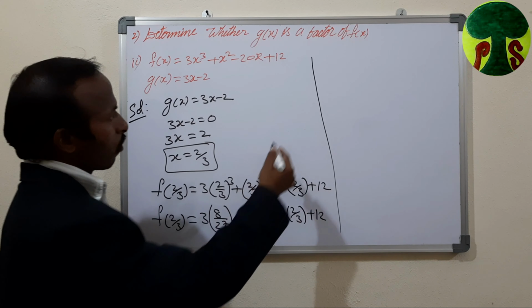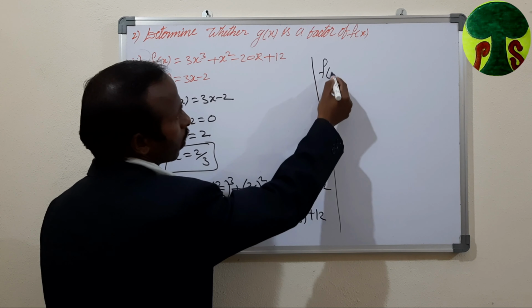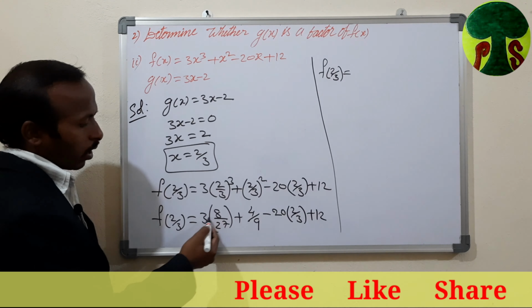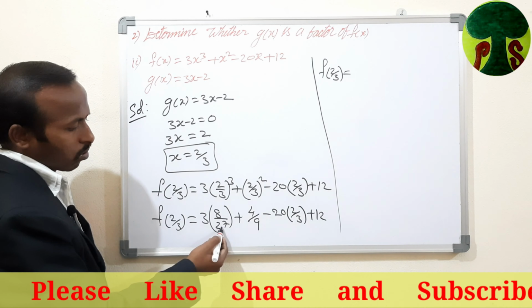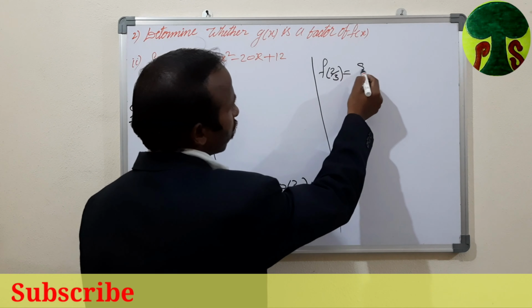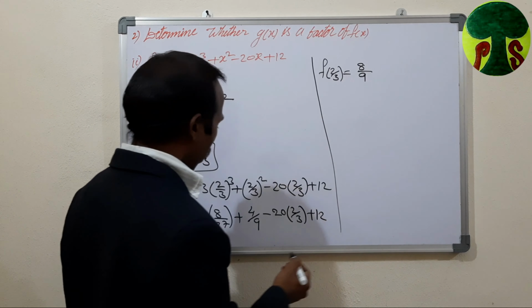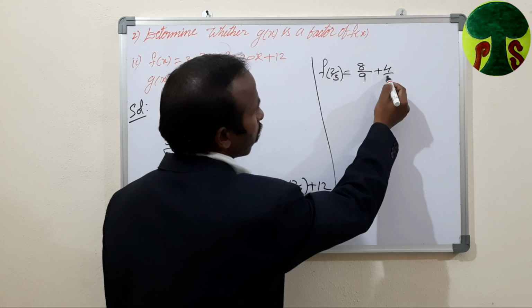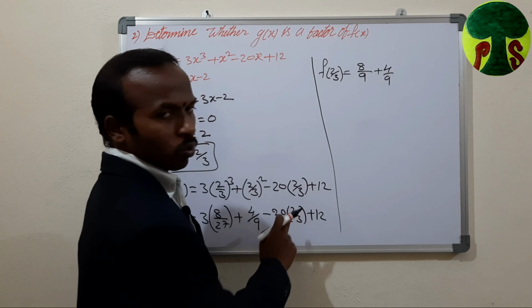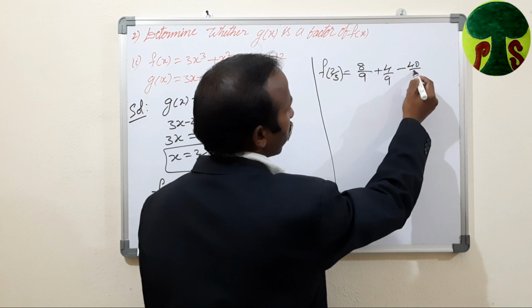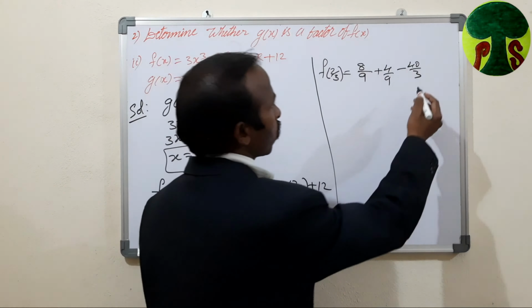Now see here, f of 2 by 3 equals, here 3 nines, so 8 by 9. Next plus 4 by 9. Next 2 twos are 40, so minus 40 by 3 plus 12.